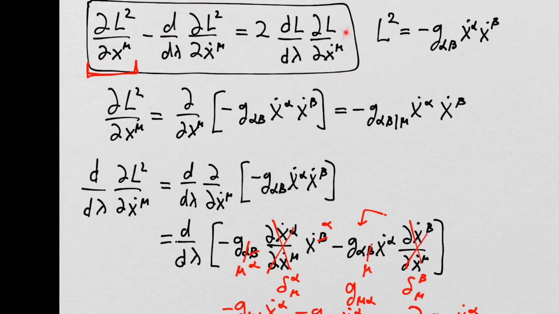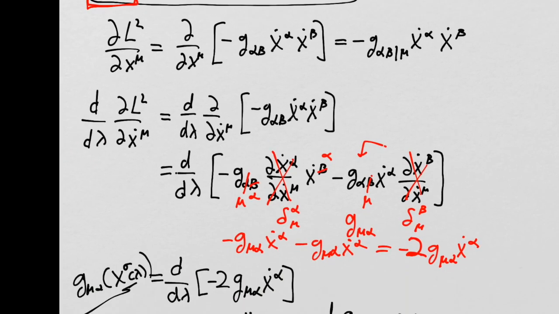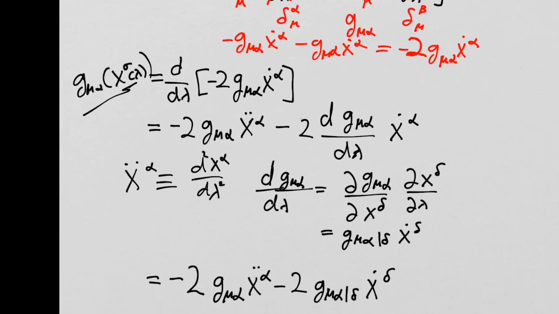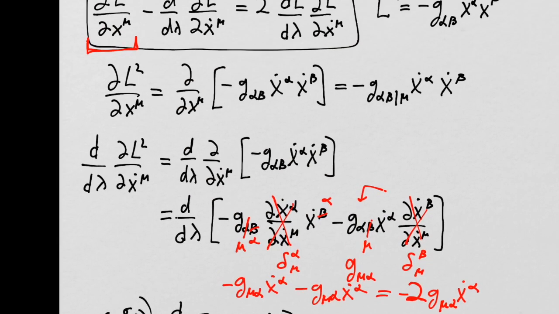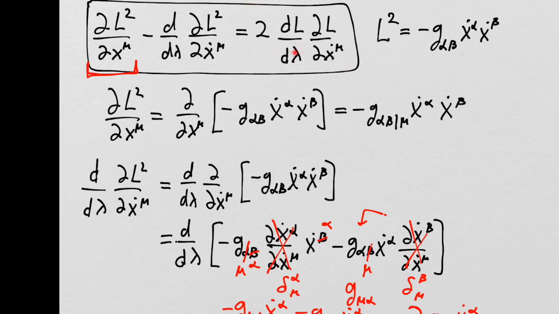So we've written down our modified Euler-Lagrange equation. We calculated this first term on the left to be this guy here. We calculated this middle term, finally, to equal this expression here, which leaves us with the third term, or the term on the right-hand side. So let's work on that one now.